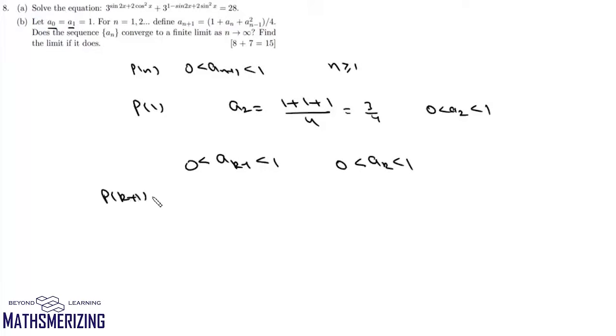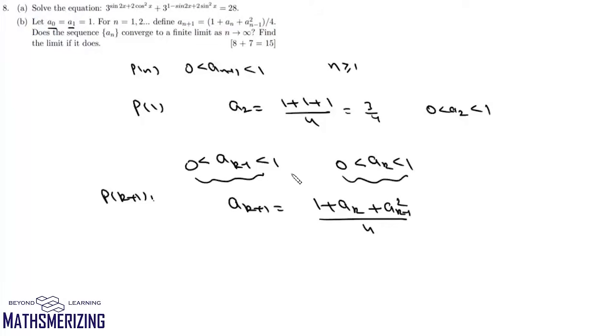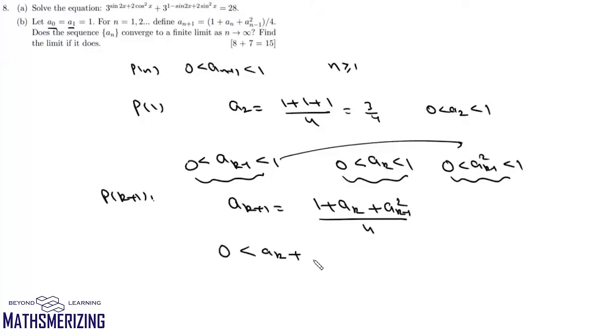So for k+1 we can write a(k+1) as (1 + a(k-1)^2)/4. Now we know that ak lies between 0 and 1, and a(k-1) also lies between 0 and 1. Now we'll square it: a(k-1)^2 will also lie between 0 and 1. So we'll add them, and we can write that ak + a(k-1)^2 will lie between 0 and 2.